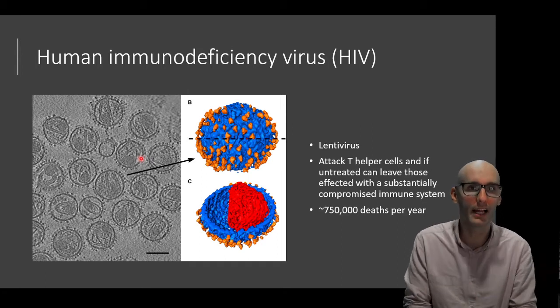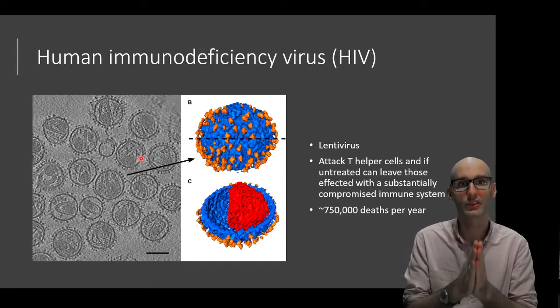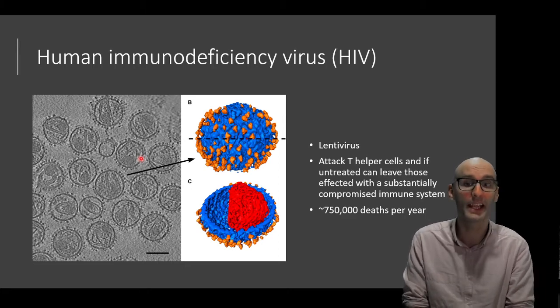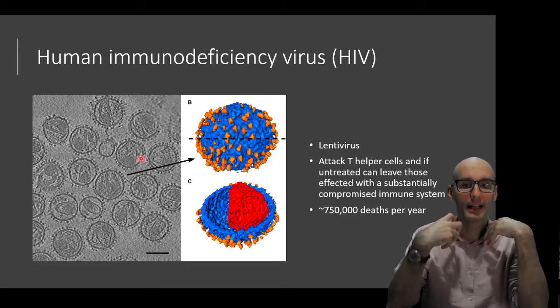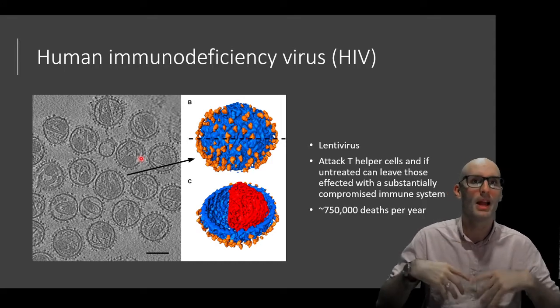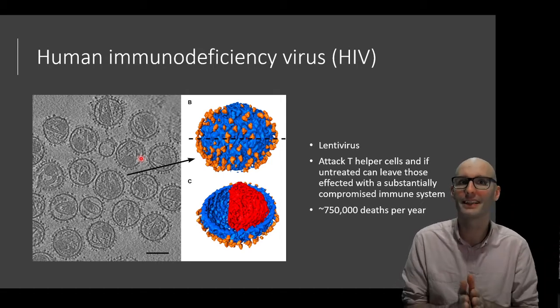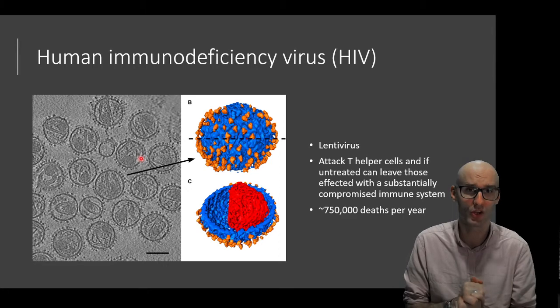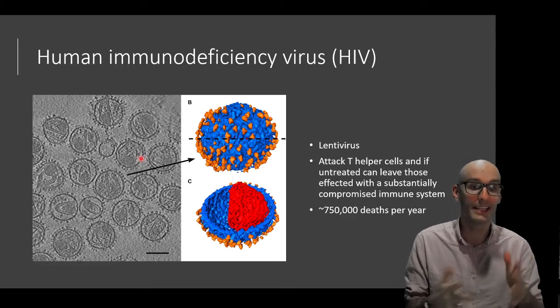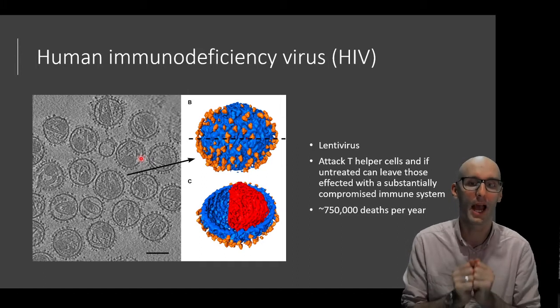And if left untreated, the T helper cells can drop dramatically, almost to nothing, and leave those affected with a substantially compromised immune system, which opens them up to other diseases as well as opportunistic diseases, some of which don't normally infect humans but can once our immune system is compromised. And it's these other diseases that can often cause HIV to become fatal.